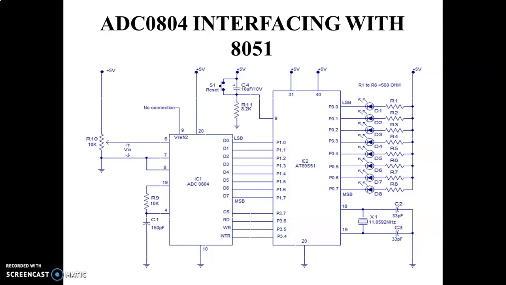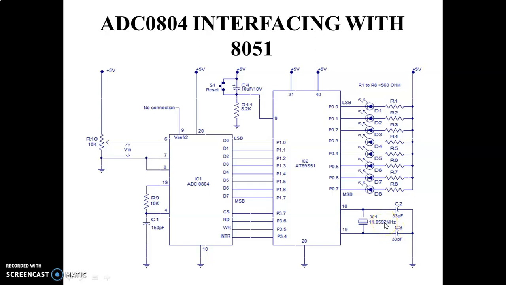Moving on to the ADC 0804 interfacing with 8051. In this we will see some simple connections. Apply 5 volt to pins 40 and 31 of the microcontroller, ground pin 20, connect a crystal of 11.0592 megahertz to pins 18 and 19 in parallel with 33 picofarad capacitors.